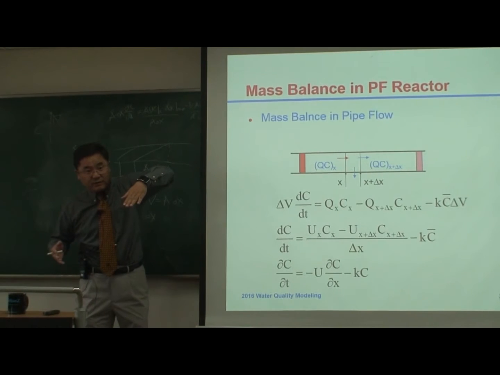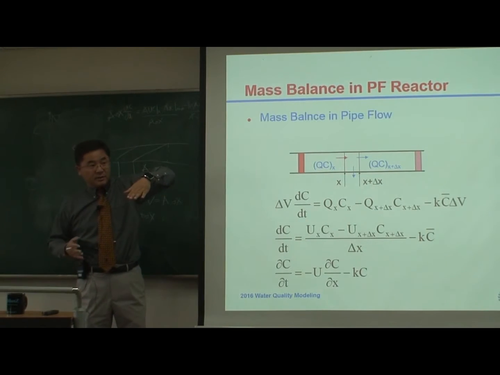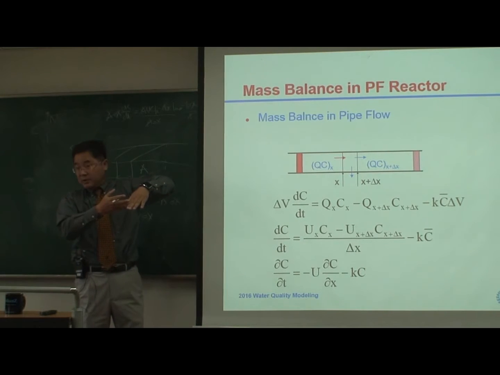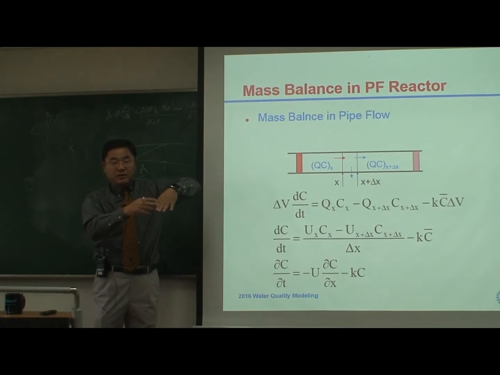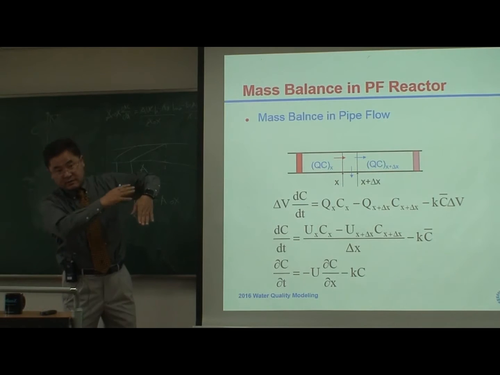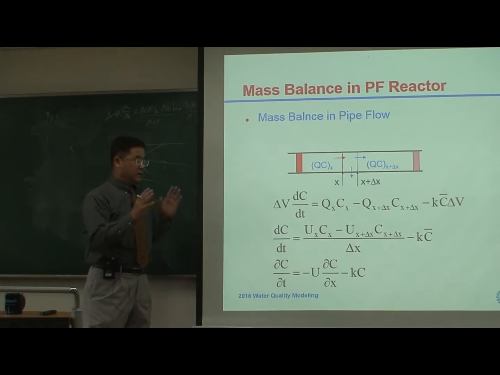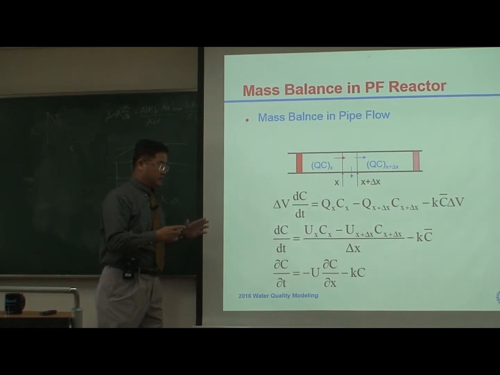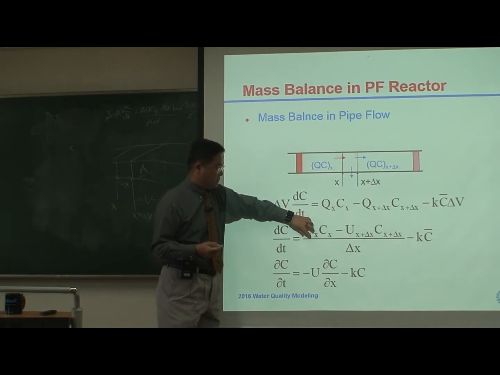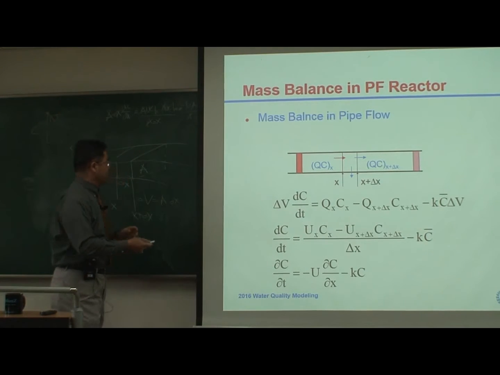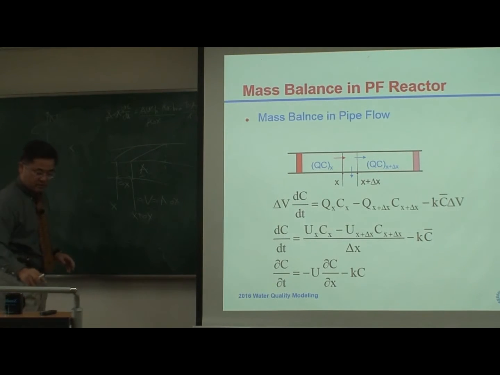If you have a slope like this, the velocity from here to here will be different, because the velocity here will be a lot faster because of the gravity force. But at this time, we want to make our life simpler, so let's assume those are the same. Okay? So then we can take those out.